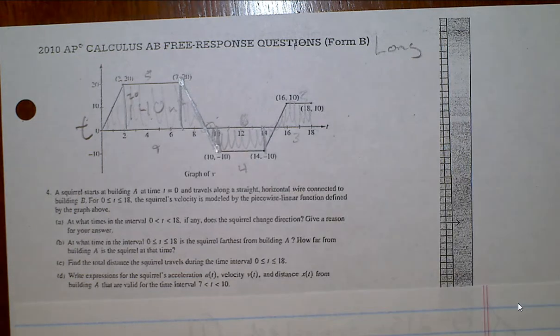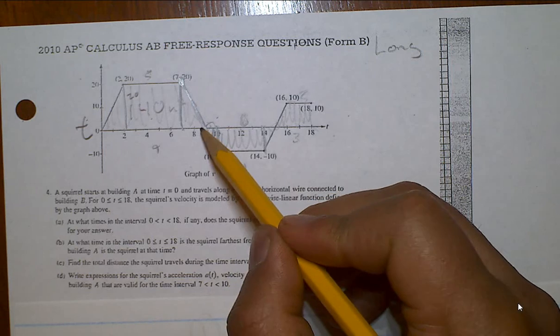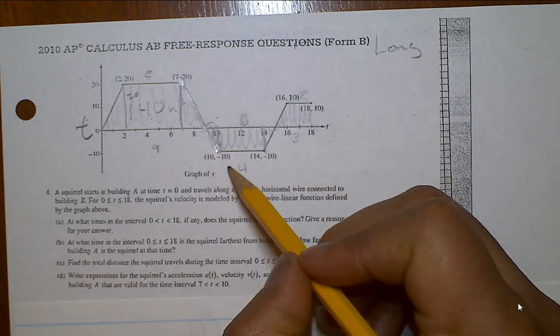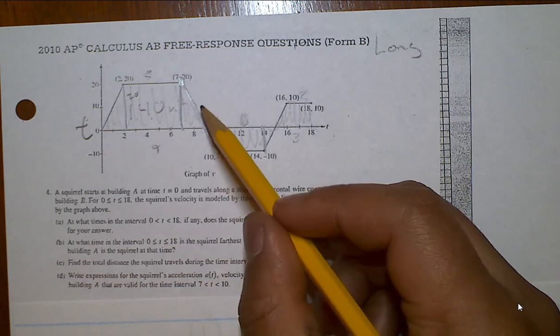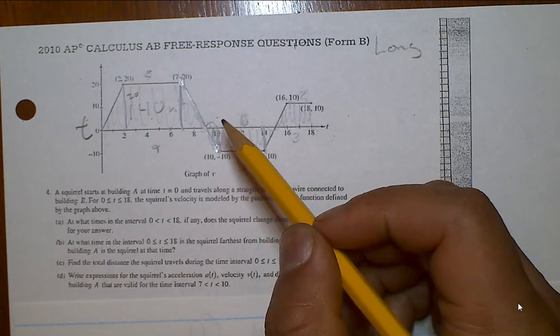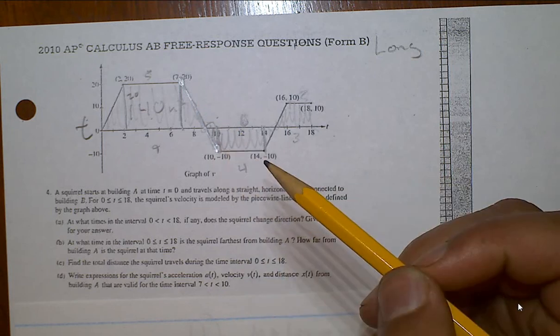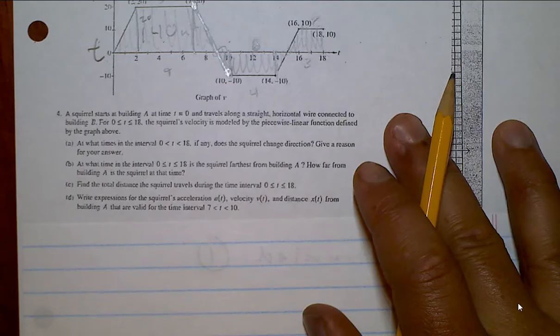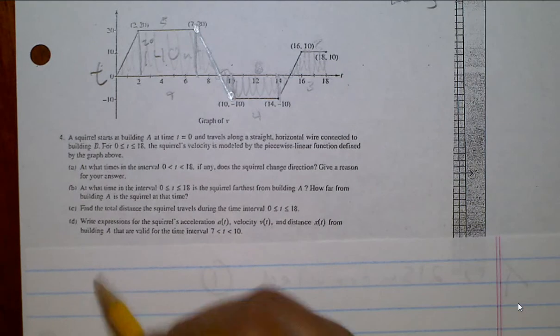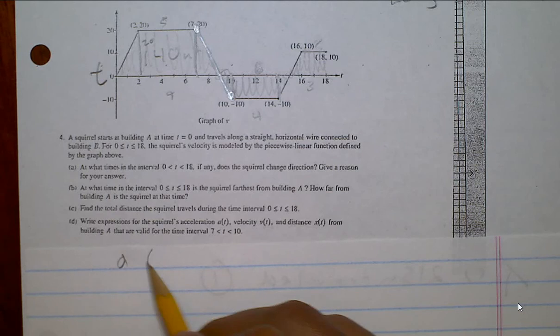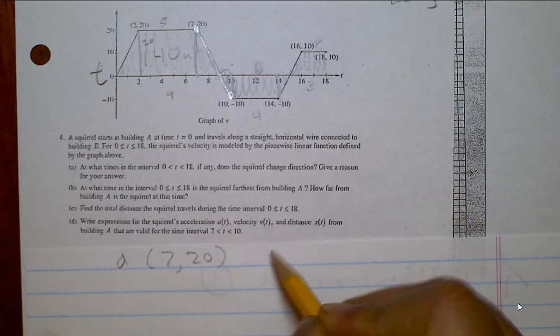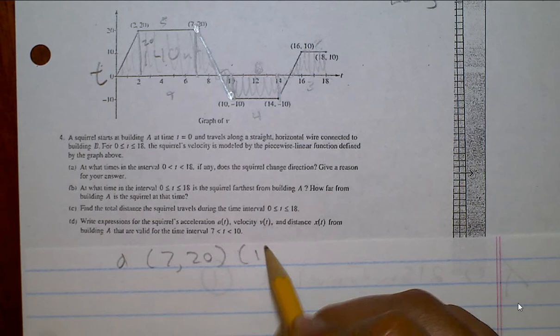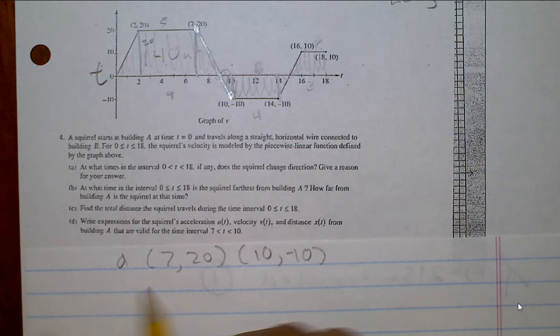How can I find this equation? Well, it's a line. Does it have a point? Yes. Does it have a slope? Yes. Well, I can write the equation for this line in point-slope form. So let's do it. All right, let's write the 2 points down. That would be, in this case, (7, 20) and (10, -10). Okay, x1, y1, x2, y2.